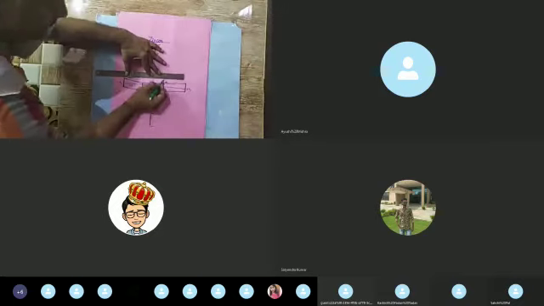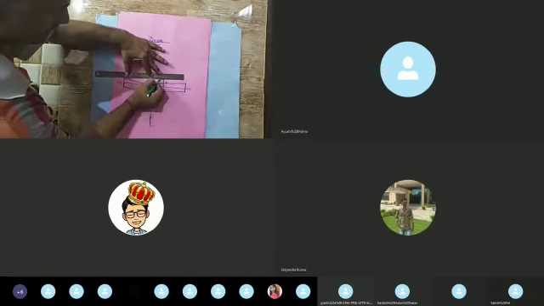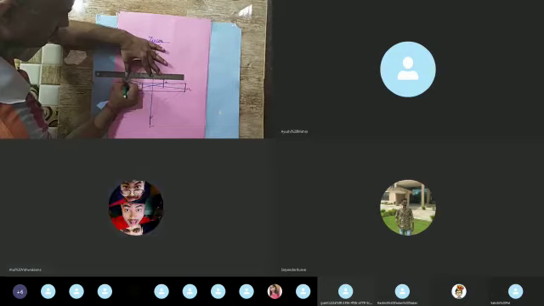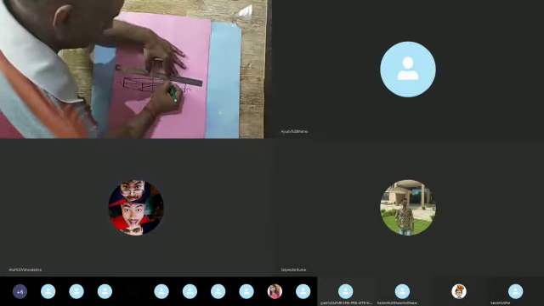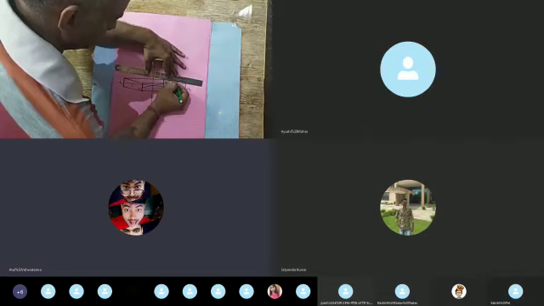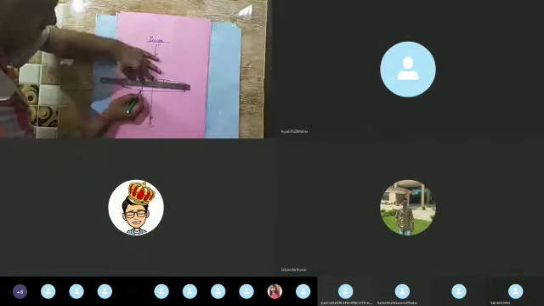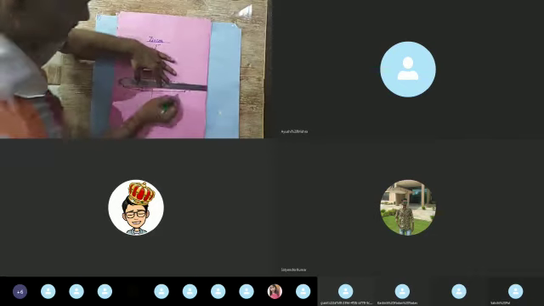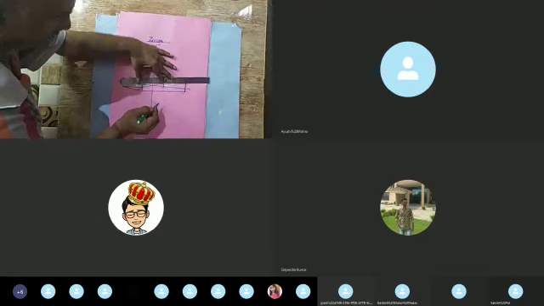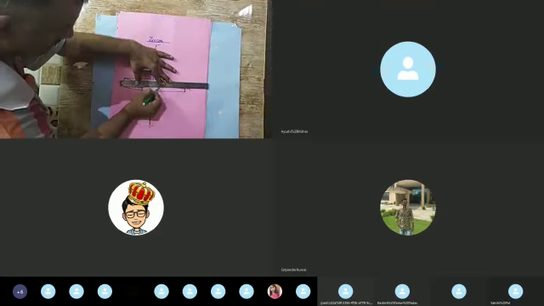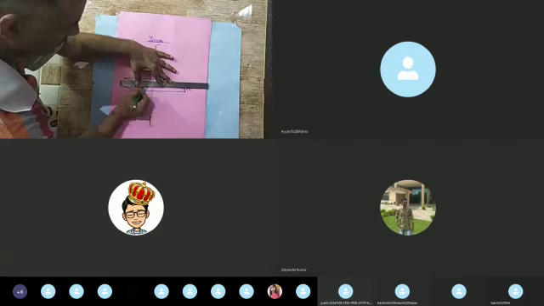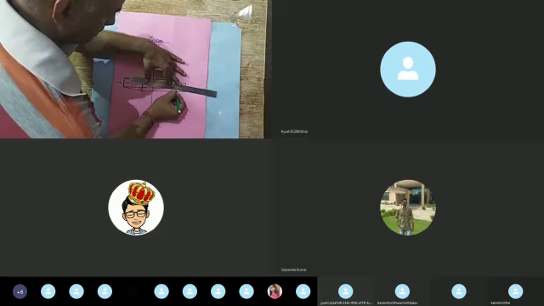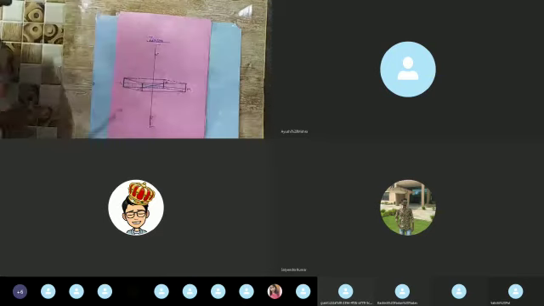So here you can see this one, this one, this one, like this with a dotted line. This is making the back faces, dotted line.